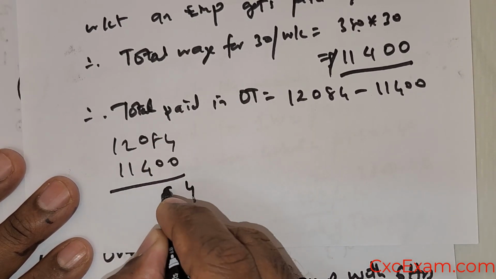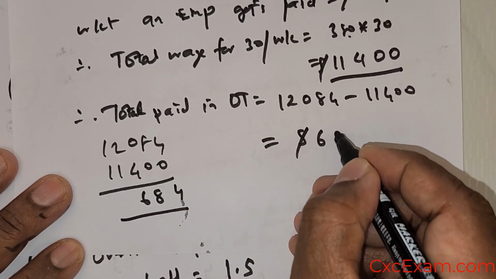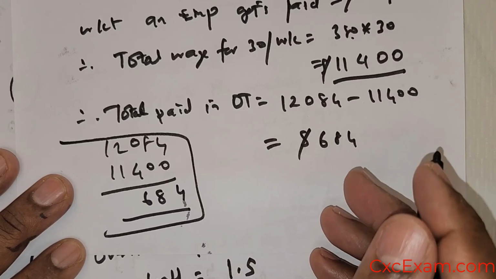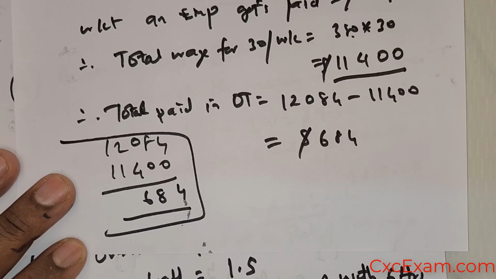So this is going to be 4, 8, 10, 6. So $684. This is what is being paid in terms of OT. So we also have to calculate the total number of overtime hours worked by the employees.